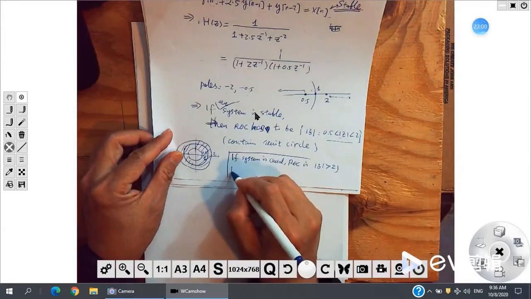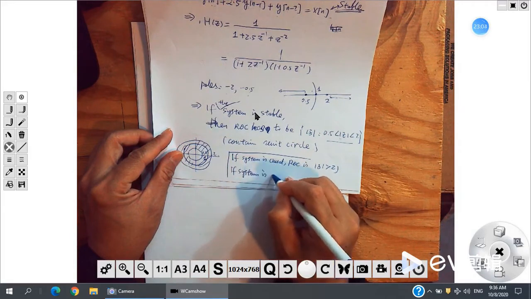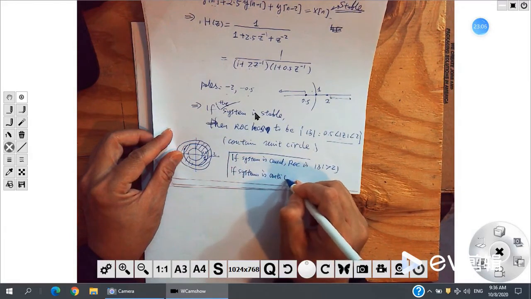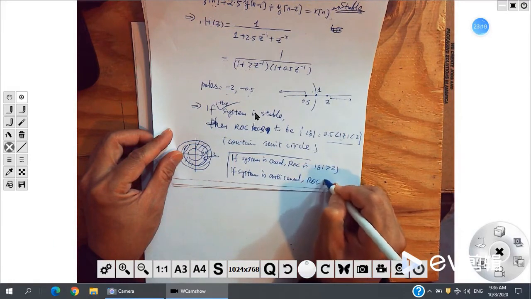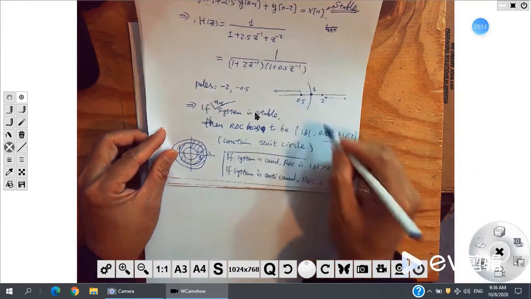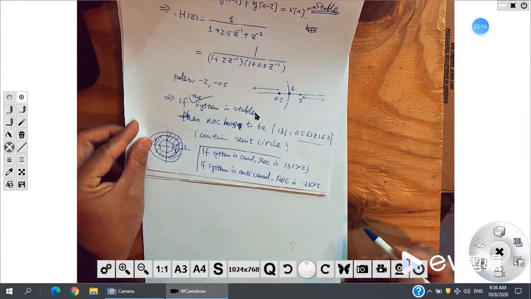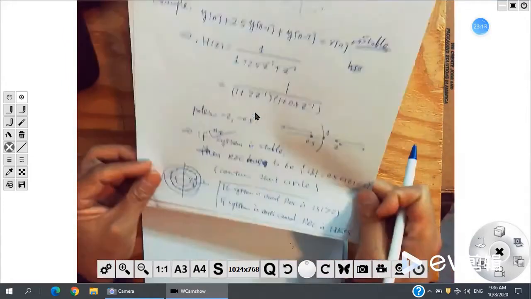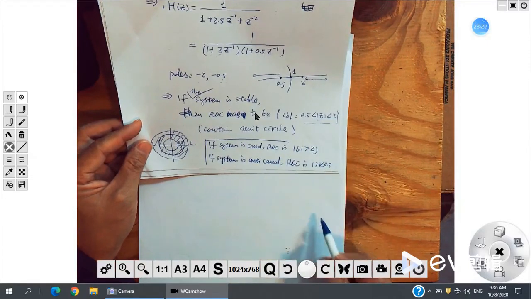And if the system is anti-causal, the ROC is absolute value of z smaller than half, smaller than 0.5. So we have these three cases: between 0.5 and 2, larger than 2, or smaller than half.